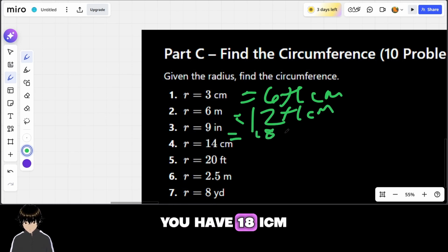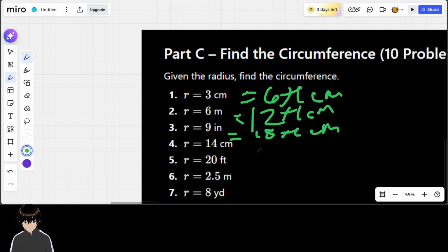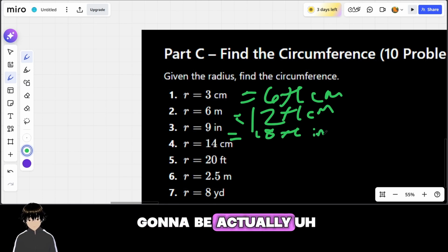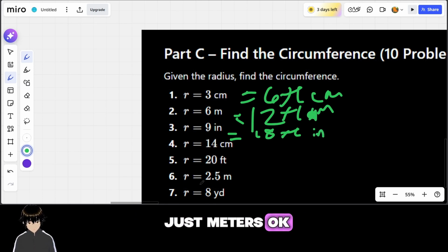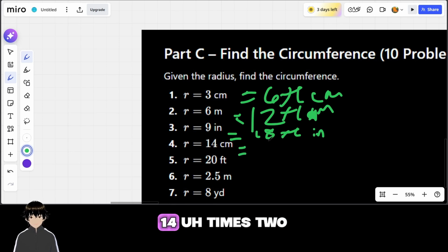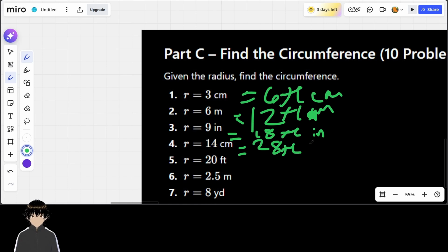We have 18 pi cm. Inches, and this is going to be actually just meters. So we have 14 times 2. It's going to be 28 pi cm.